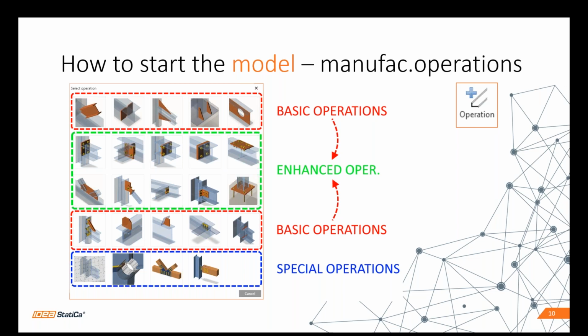So the basic operations are combined somehow into the whole connection or operation template, and you can use it for more complex operations or workflows. And the last line is the special operations features. So it's, for example, for connecting timber members to a steel plate.